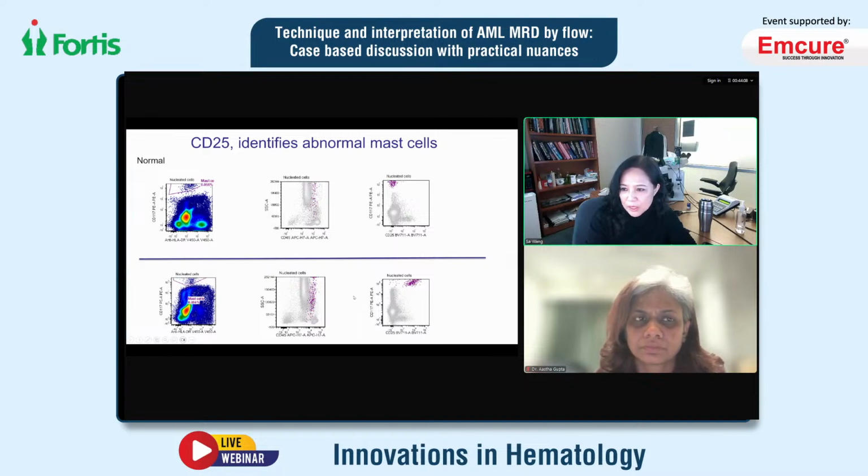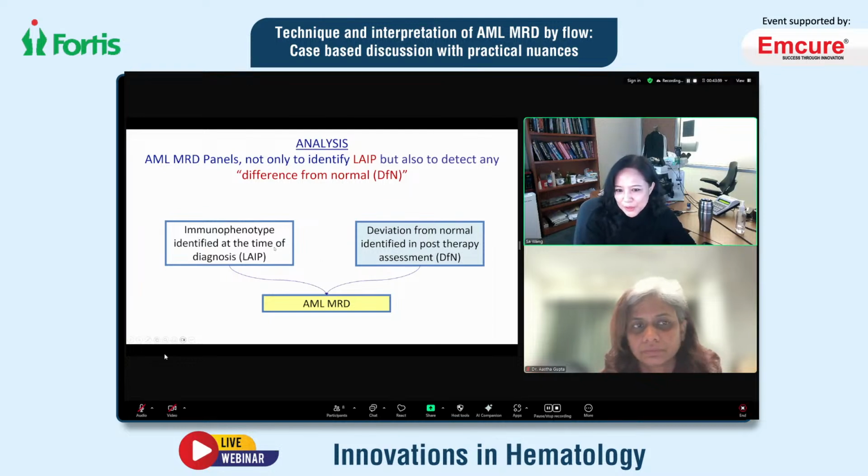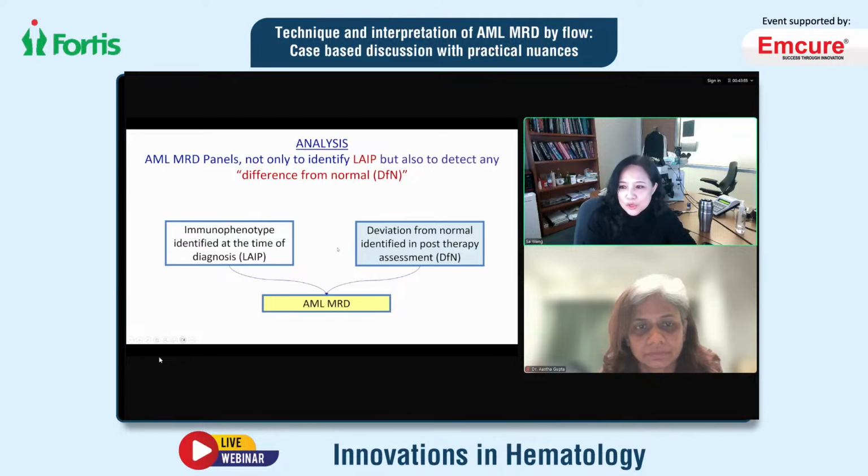So we're still summarizing the data. In AML MRD detection, you're already seeing this. I'm not going to say anything very different. You do need both. I know you're very heavy on leukemia-associated phenotype, but this is a very important approach.